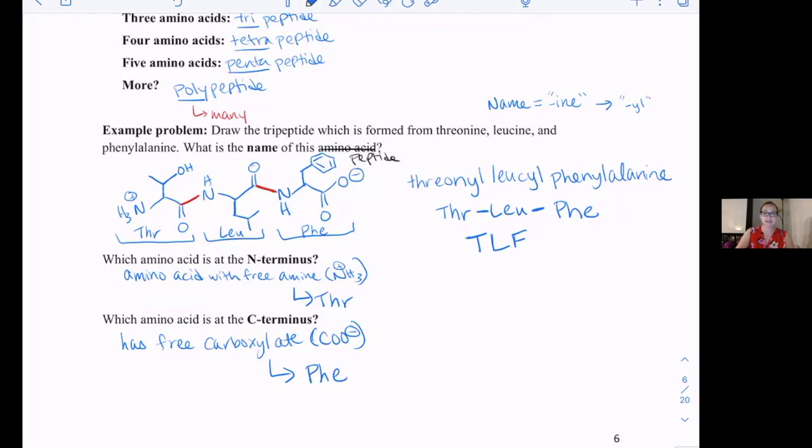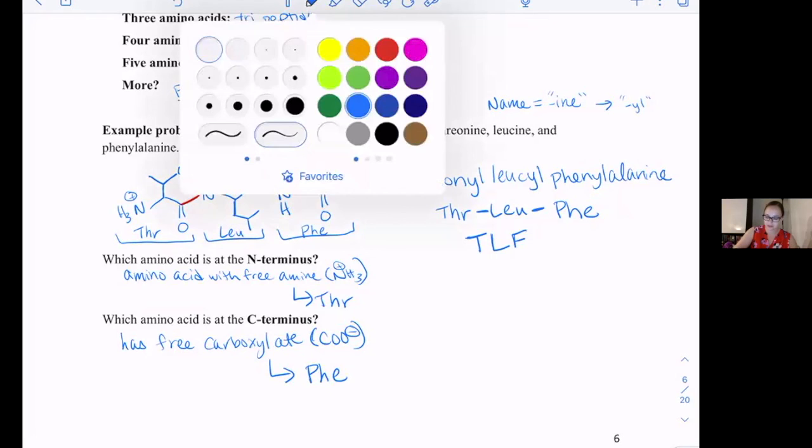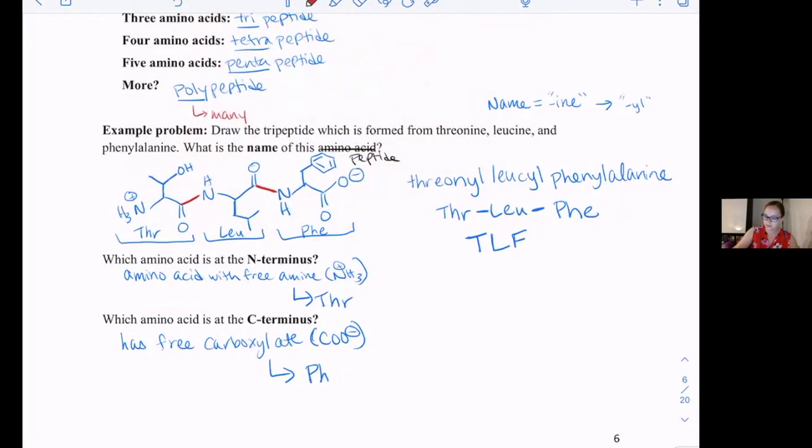So it's important, as I said, we always start with the nitrogen. So how we would write that, as our little tip, is that we always write peptides from the N-terminus to the C-terminus.